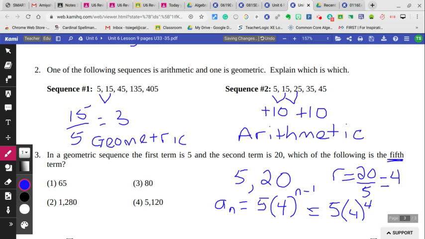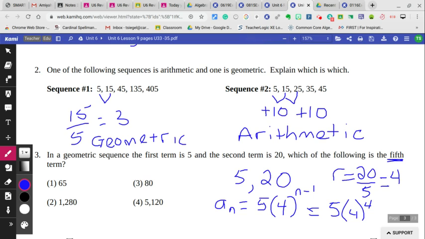Right? And we know that because the first one would be power 0, and that would give us 5, the first term. The second would be 4 raised to the first power, right?